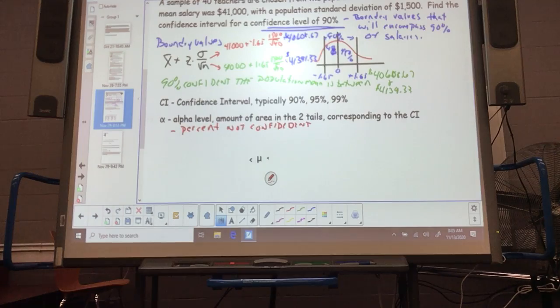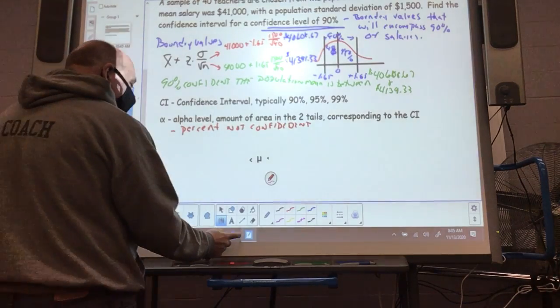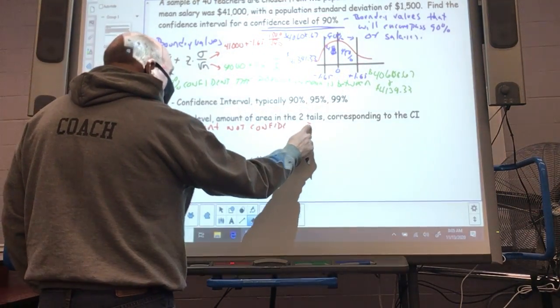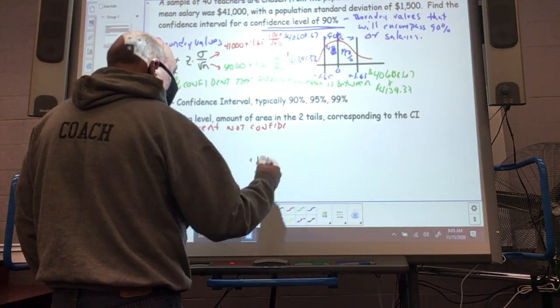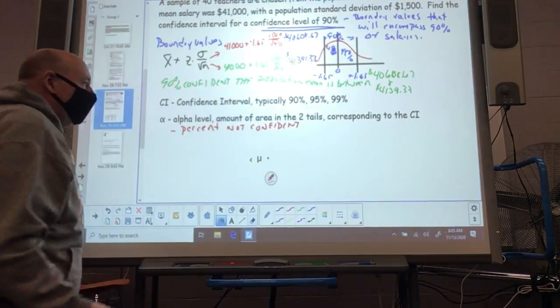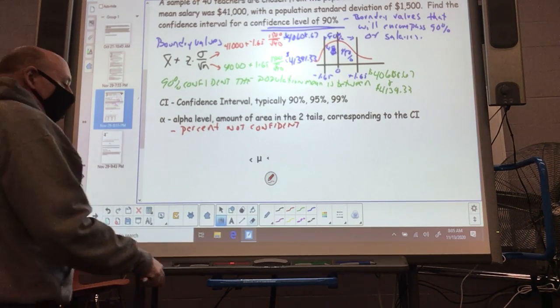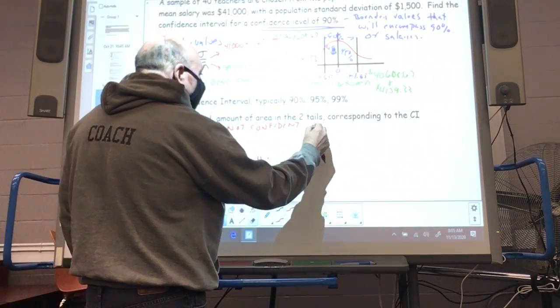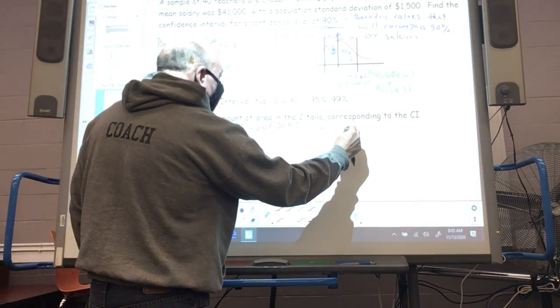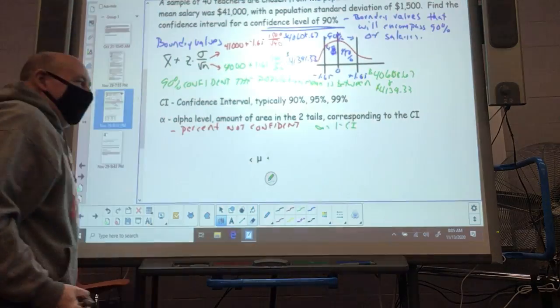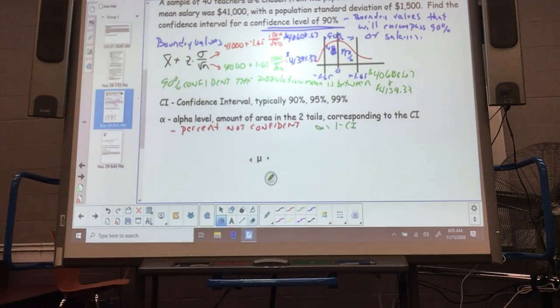It's your percent not confident. And how we can calculate the alpha value is 1 minus our confidence interval.